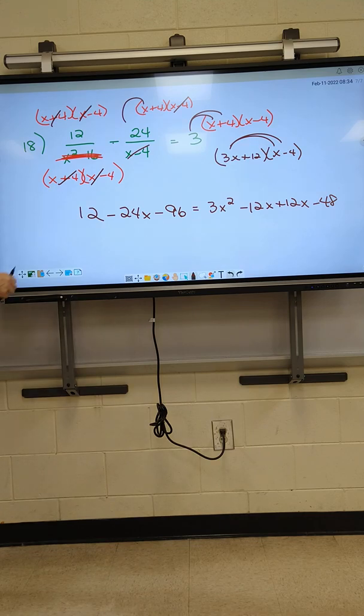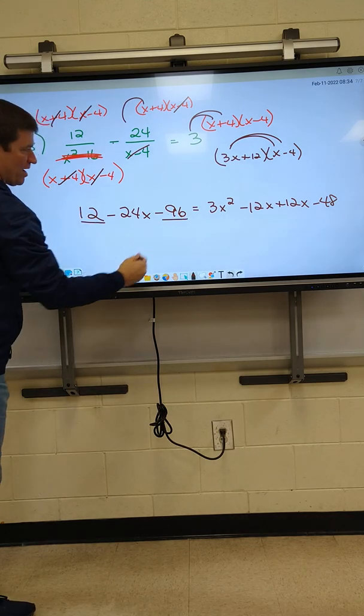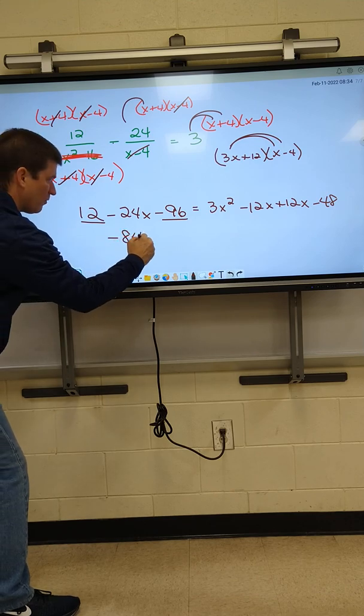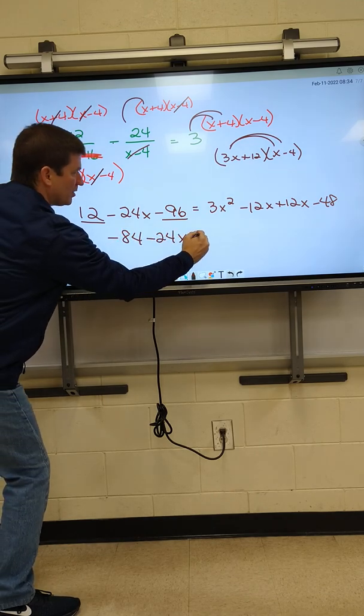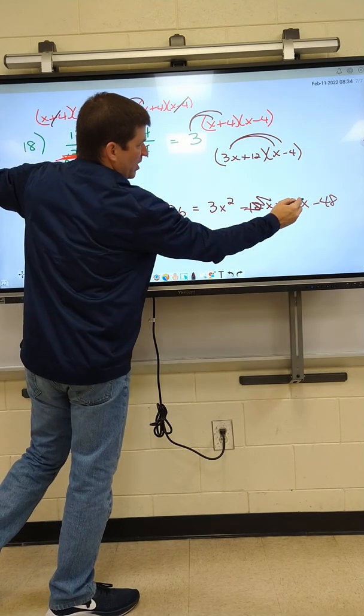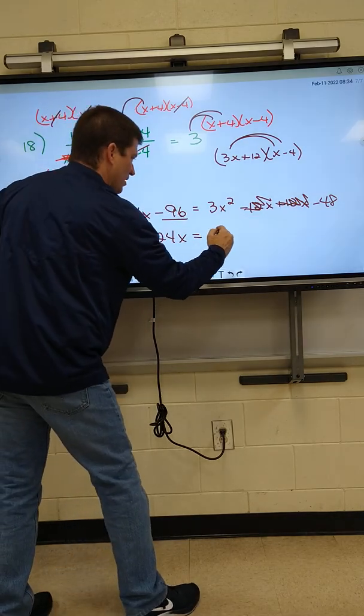All right, I'll let y'all help me. What's 12 minus 96? Somebody do that. Negative 84. So I got negative 84 minus 24x on the left. All right, look at the right side. Hey, I can see my negative 12 and my positive 12 are going to cancel out again. That makes it easier.